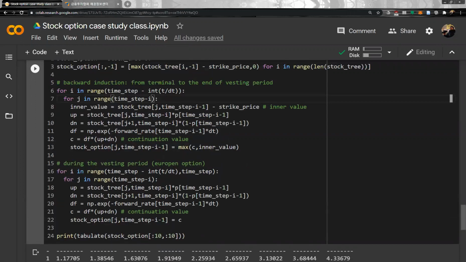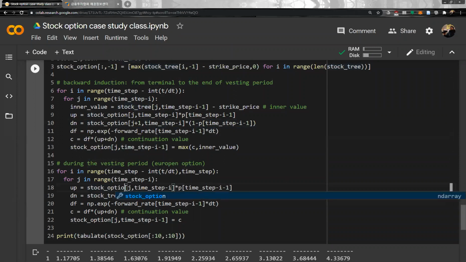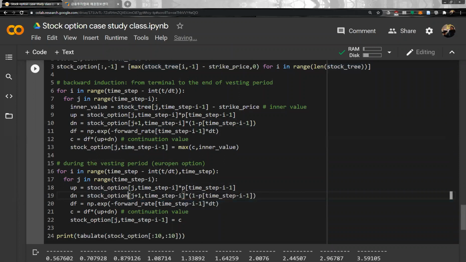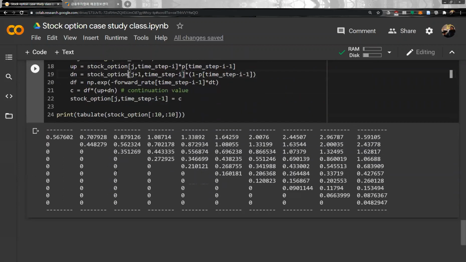Sorry, it is continuation value, so it is not stock option over here. It is the next period option value. So continuation value is the option value of the next period. Okay, now I think this is correct.